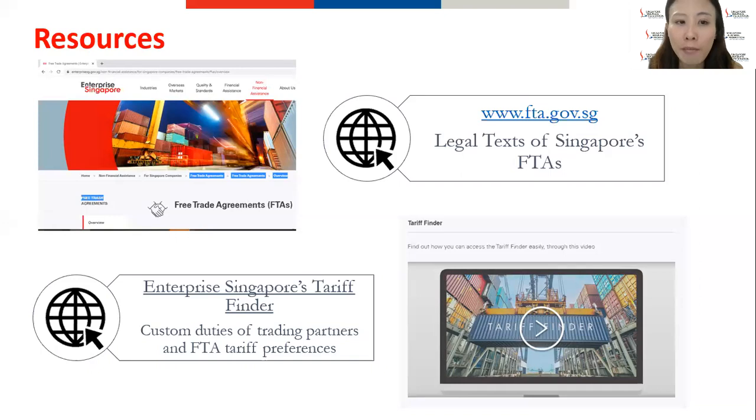FTA.gov.sg, where you can find the legal text of Singapore FTAs. Tariff Finder, which is a complementary tool for Singapore businesses, where you can find tariff and non-tariff measures for importation into more than 120 countries.